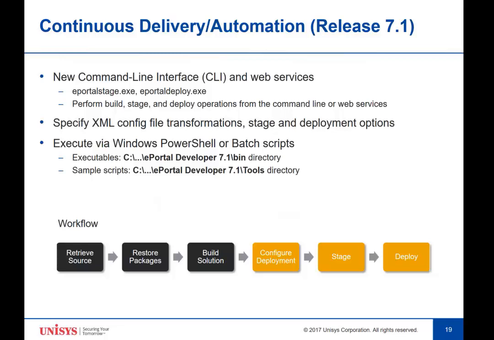Then you can apply transforms for the particular type of deployment you're targeting, so the different options, network configuration, and so forth for your application. From there you can stage it, and then from staging you can deploy it. So you can do the whole workflow, the whole deployment pipeline in an automated fashion.